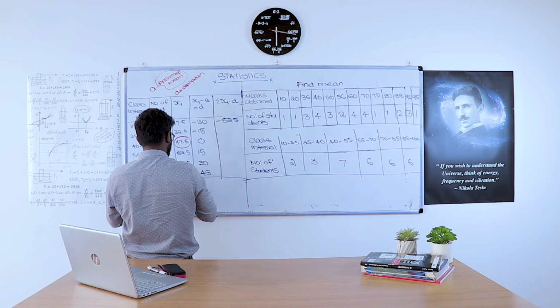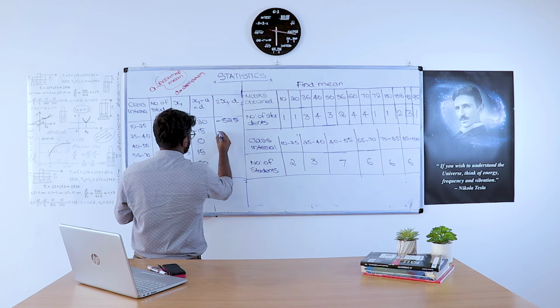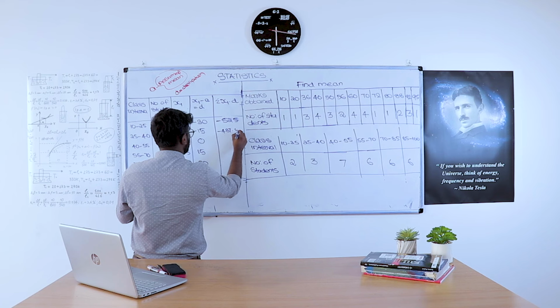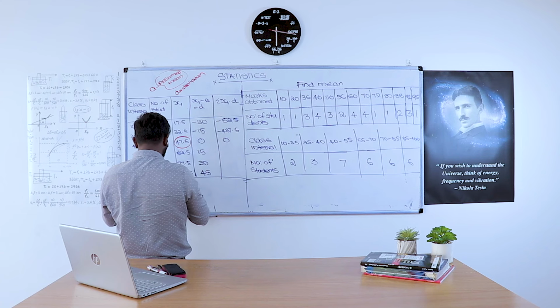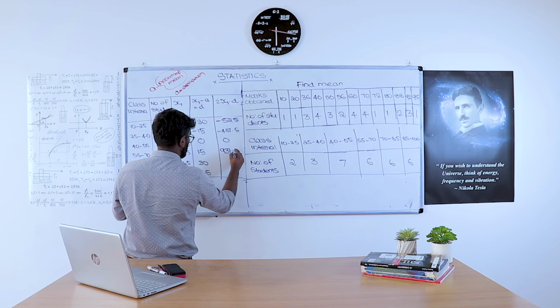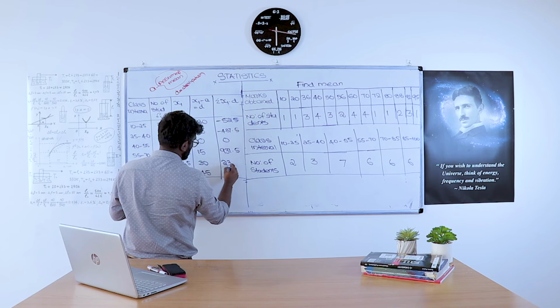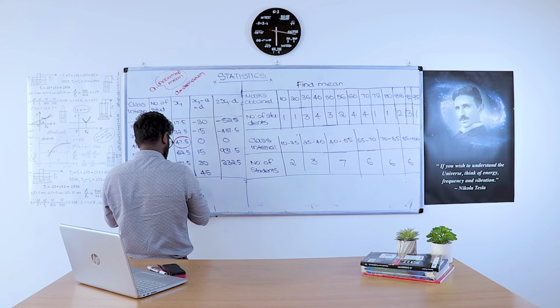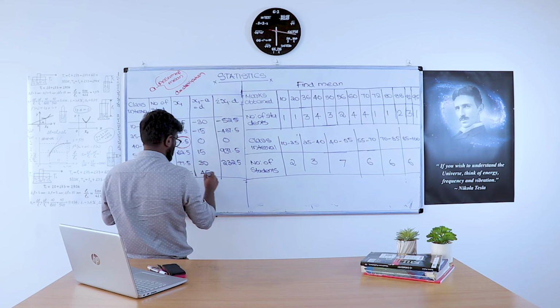Then 15 into 32.5 is 487.5, so minus 487.5. Then 47.5 into 0 is 0. 62.5 into 15 is 937.5. 77.5 into 30 is 2325. 45 into 92.5 is 4162.5.